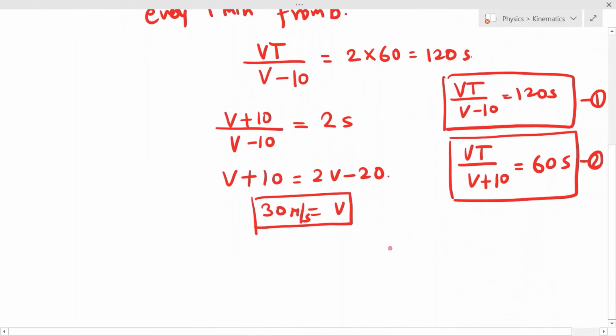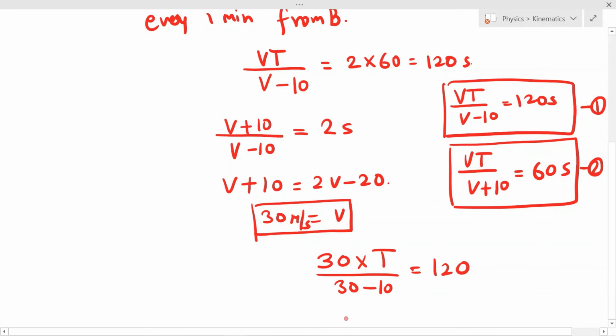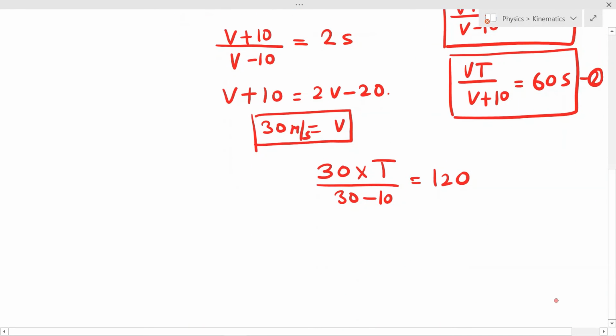Now what is t? Now we know the velocity of the taxi. So 30 into t divided by 30 minus 10 is equal to 120. I have just substituted the value of V in equation 1. So this becomes 30t is equal to 120 into 20.